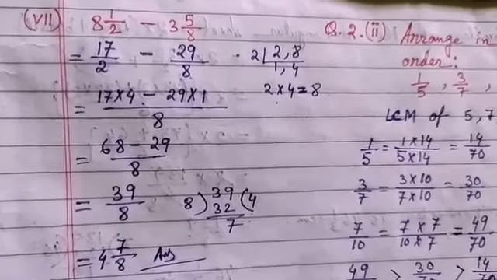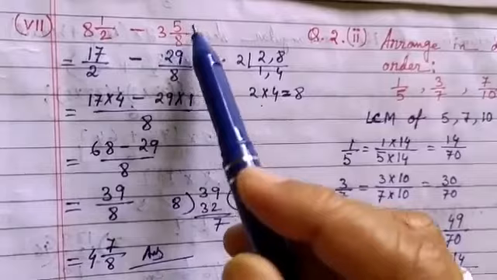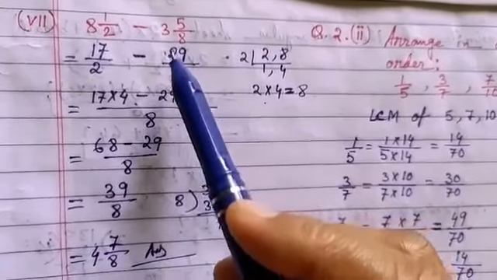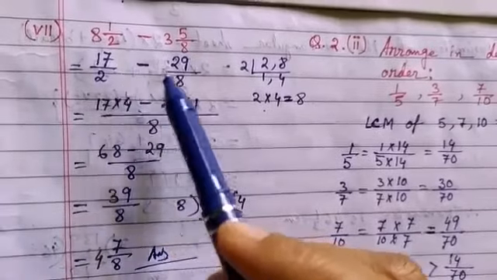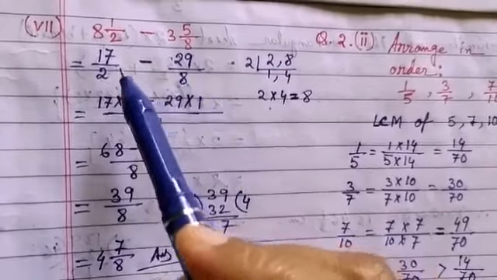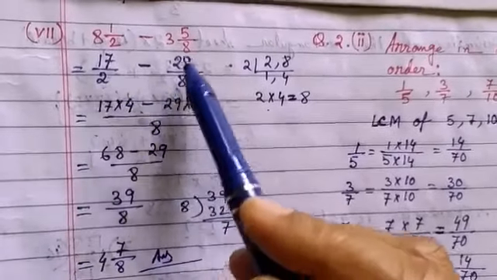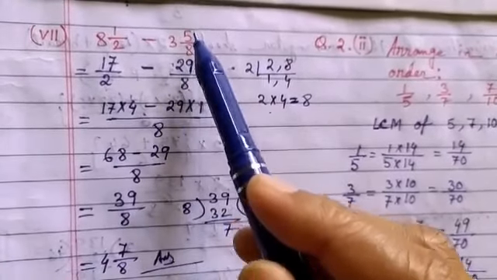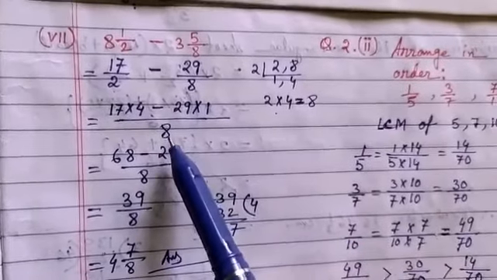Now 7 of 1. 8 whole 1 by 2 minus 3 whole 5 by 8. Subtraction. Here also in the first step it is converted into improper fractions, that is 8 2s are 16 plus 1, that means 17 by 2, minus 8 3s are 24 plus 5, that is 29 by 8. Then same process.